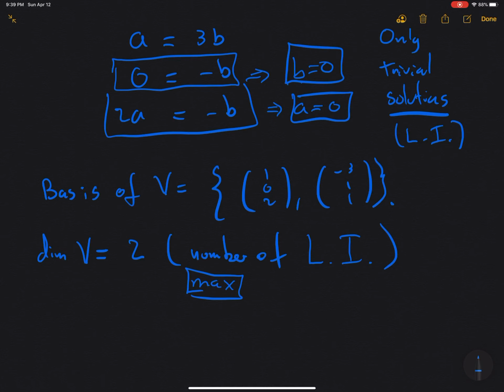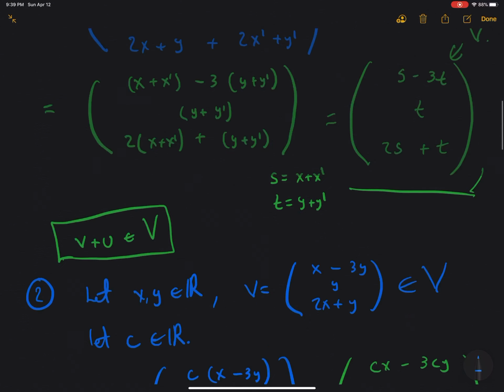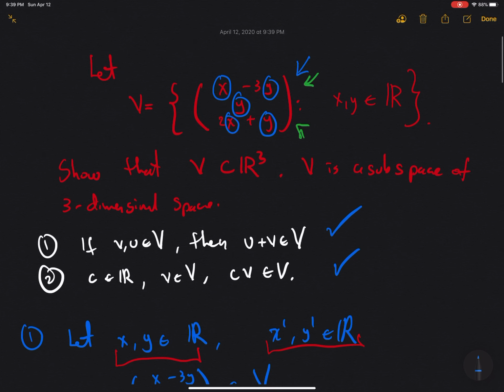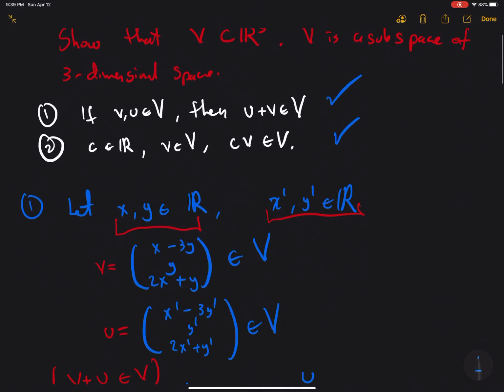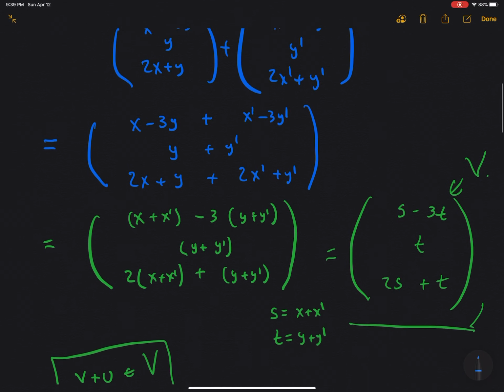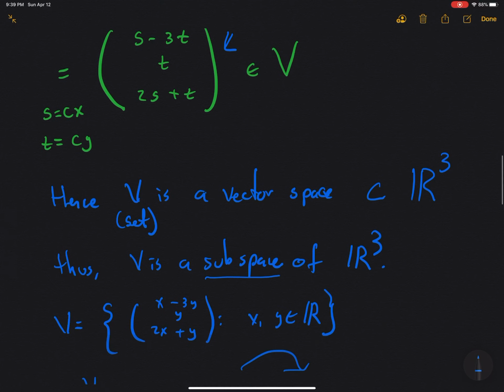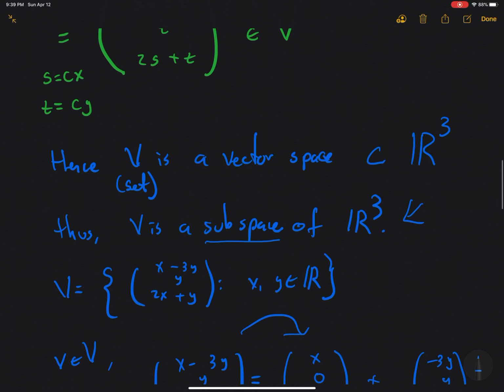In other words, what we figured out was the following thing. We have our set V given by this particular pattern. We show that since it satisfies these two properties, it has to be a vector space. And since it is sitting inside of R3, we have that this is not only a vector space, but it's a subspace of R3.